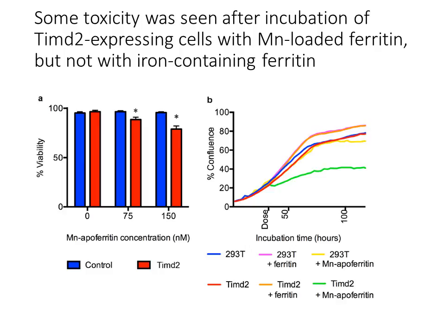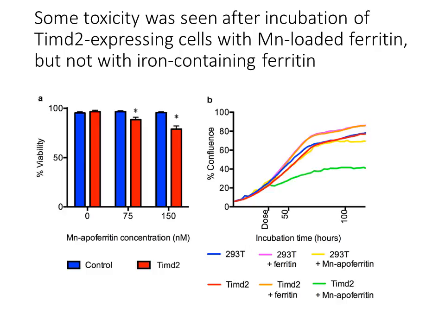So if we look on the graph on the left-hand side where we looked at cell viability, you can clearly see that in Timd2 expressing cells incubated with manganese-loaded ferritin, there is some loss of viability, whereas in controls, one doesn't see that. And if you look at the right-hand side, where we're looking at cell growth rate, in Timd2 expressing cells incubated with manganese-loaded ferritin, there's quite clearly an inhibition of cell growth.